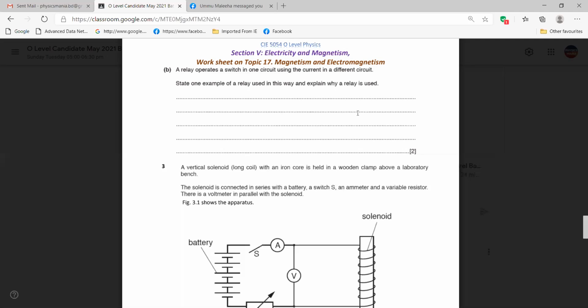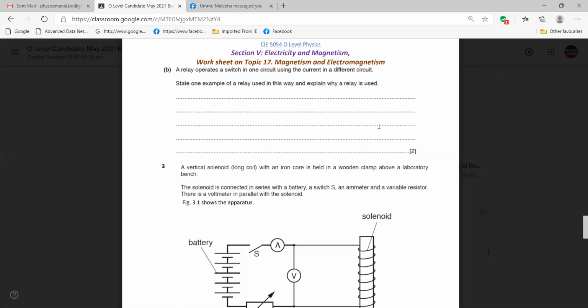Okay, then second one, in a nuclear power station we are using a relay circuit. Why are we using it? To be safe from radioactive hazards.